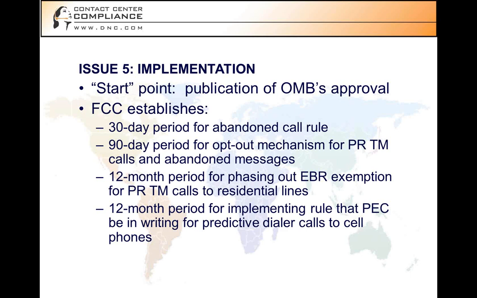fines that has played out under the FCC rules is the private right of action that people have. They can take you to small claims court and say, all right, I've received X number of phone calls that are in violation of the FCC rules, and they can hit you with $500 per violation and up to $1,500 for knowing and willful violations of the FCC rules.